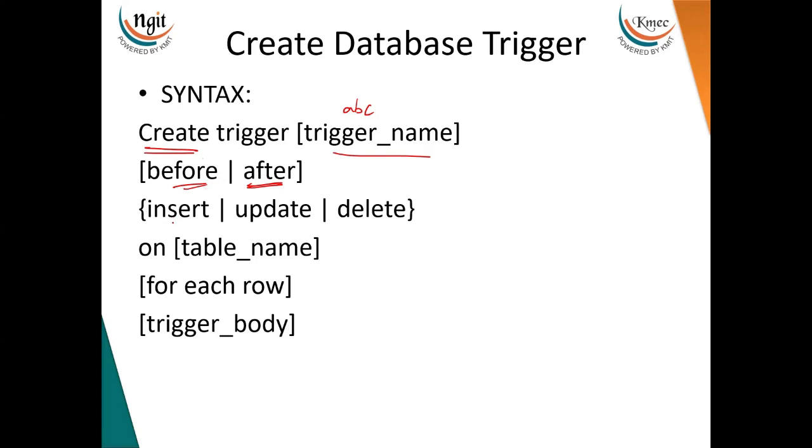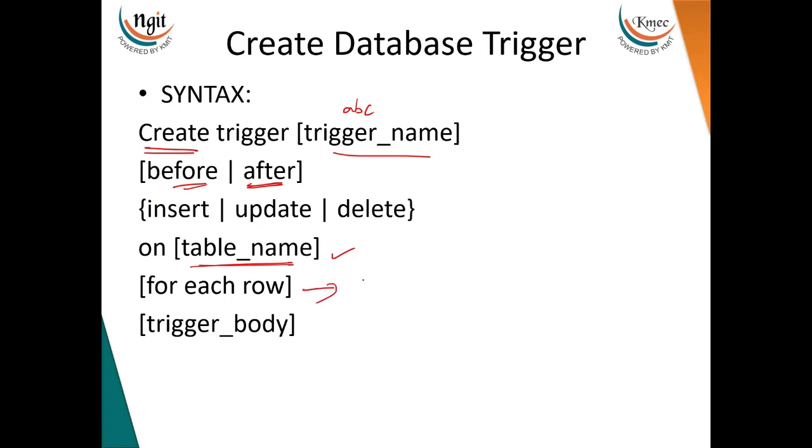Next, upon what operations you make onto the table name. You need to specify the table name because the database contains many tables inside it, and on whichever table the operations are made, that is insert, update, or delete, the trigger gets activated. You have to specify the table name and also the operations you make on that particular table. For each row is the row level trigger, as discussed before.